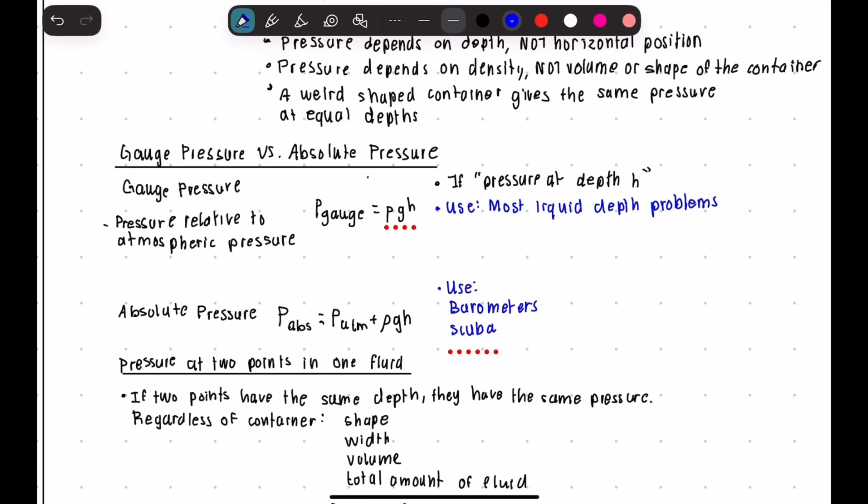For gauge pressure, it is pressure due to fluid alone. And for absolute, it includes air above the liquid.